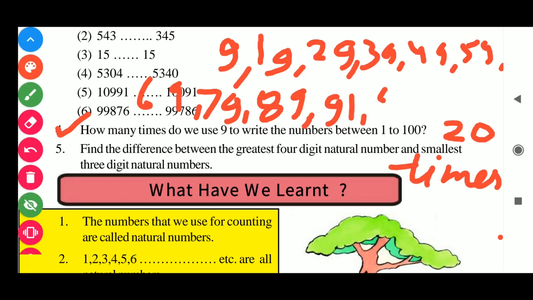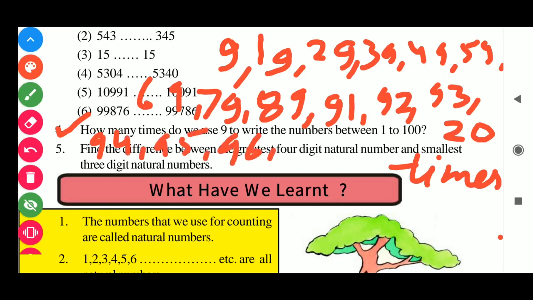Then 91, 92, 93, 94, 95, 96, 97, 99. You can count, it is 20.